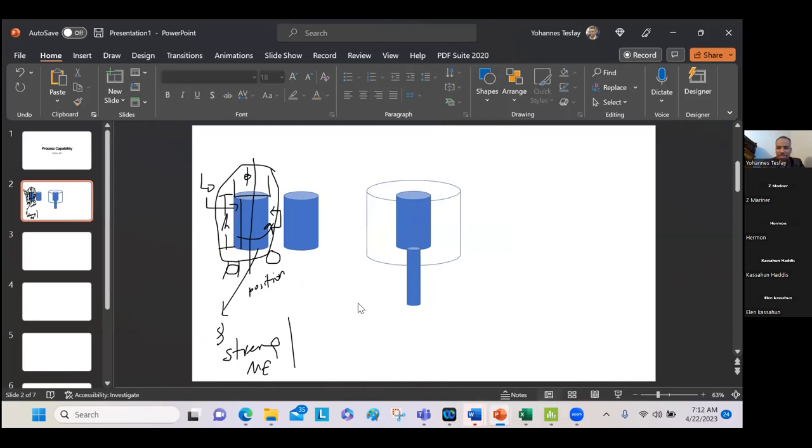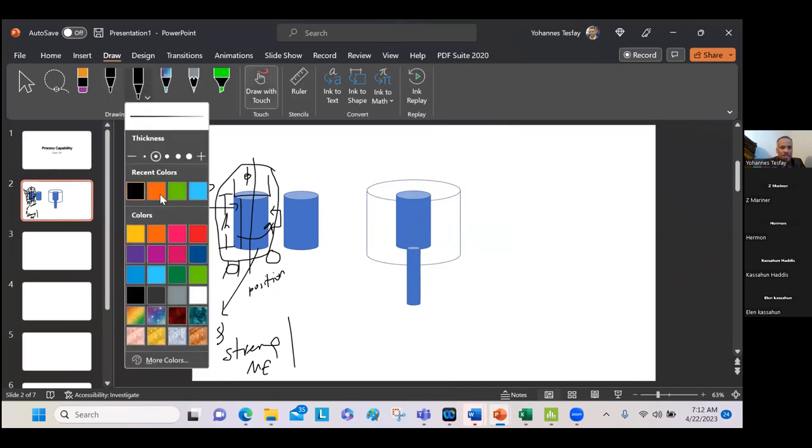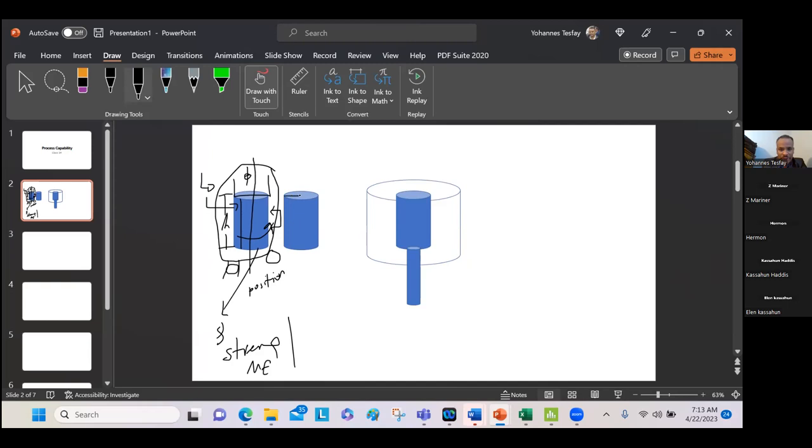So now what you're going to think about right here is the dimensions, okay, different dimensions. This is one of the dimensions that we need to determine, from here to here. So that means this diameter.